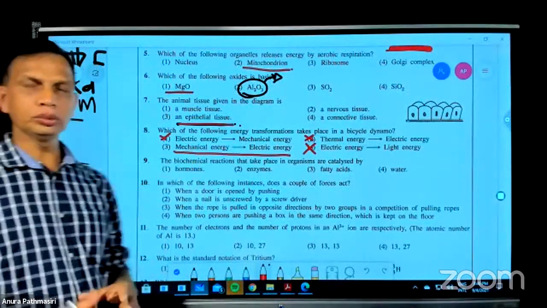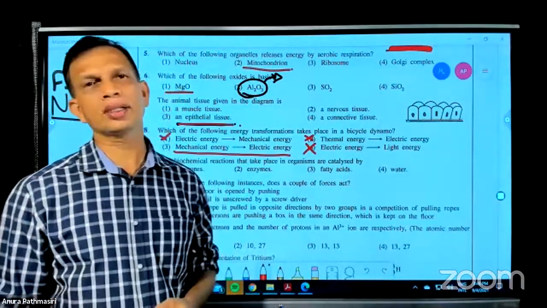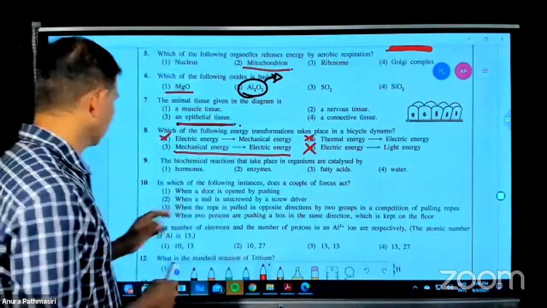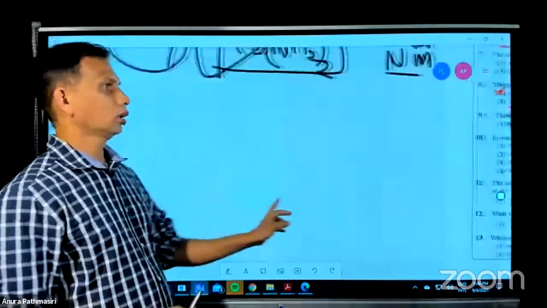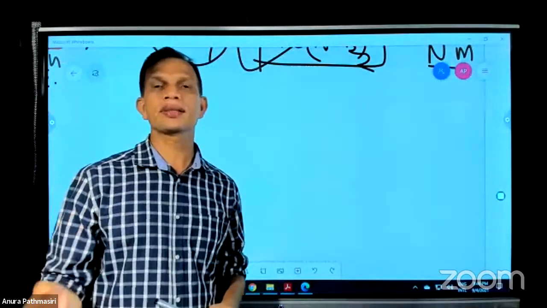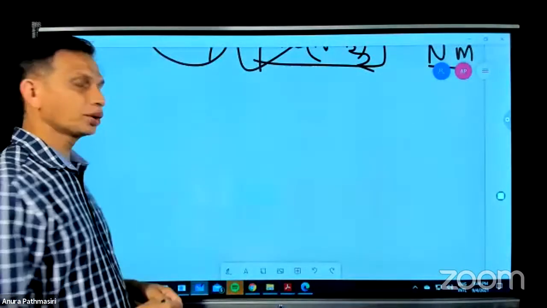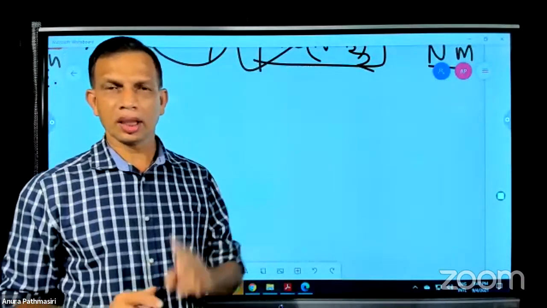You know how in the dynamo the electricity is generated. When you go back to your study period, if you can remember when you were in grade 7, you studied the methods of generating electricity. There are two methods.